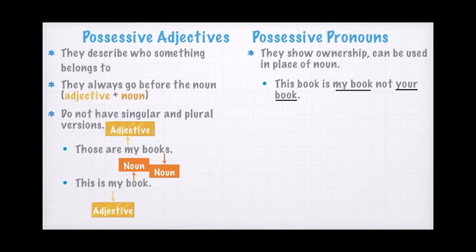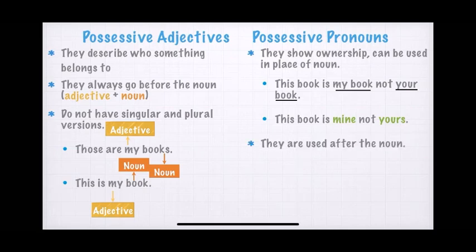This sentence has become repetitive. So, possessive pronouns are used in place of these repetitive nouns. This book is mine, not yours. So, the words mine and yours are used to replace my book and your book.